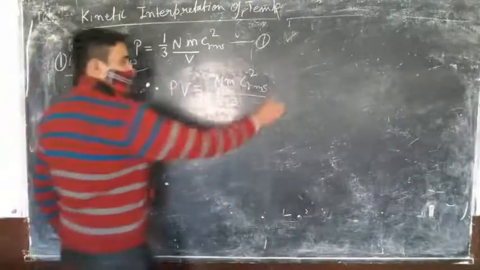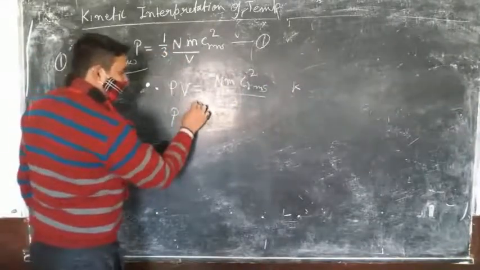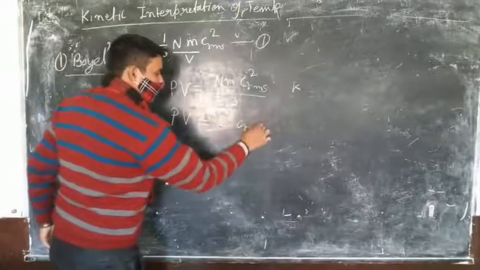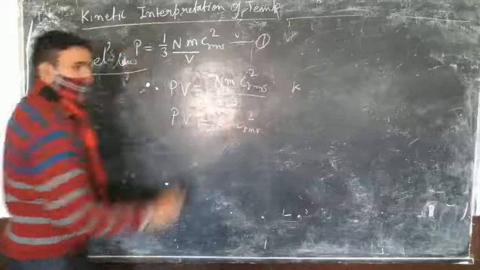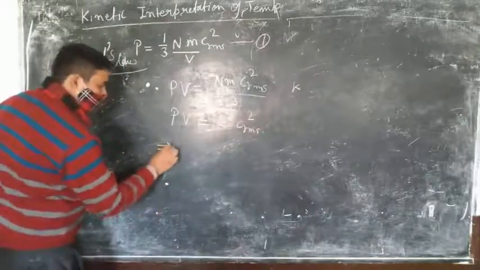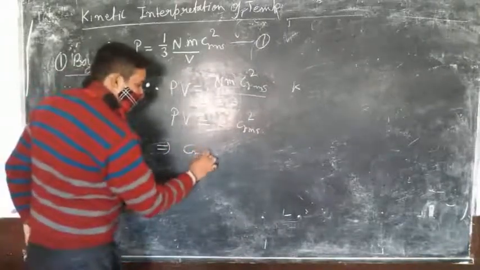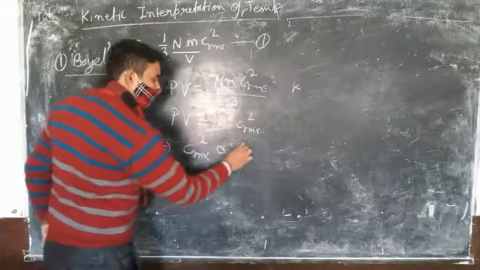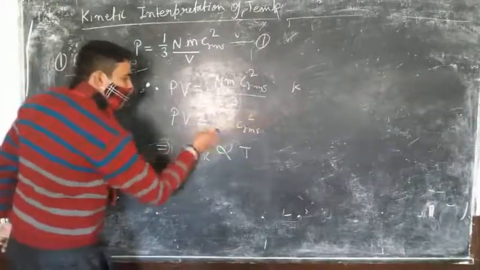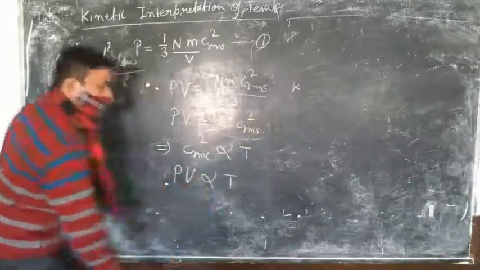Let's say K. So you will get PV equal to K CRMS square. And we just derived by the kinetic interpretation of temperature that CRMS square is directly proportional to temperature. So we can conclude that PV is directly proportional to temperature.